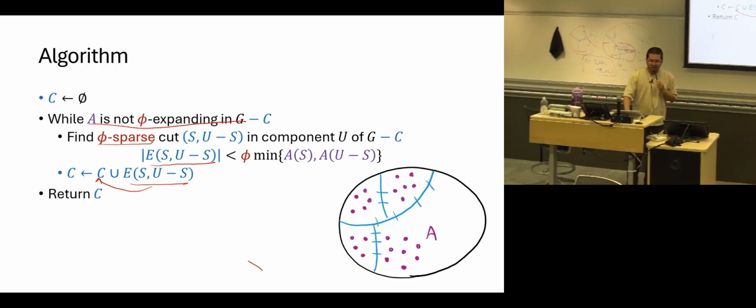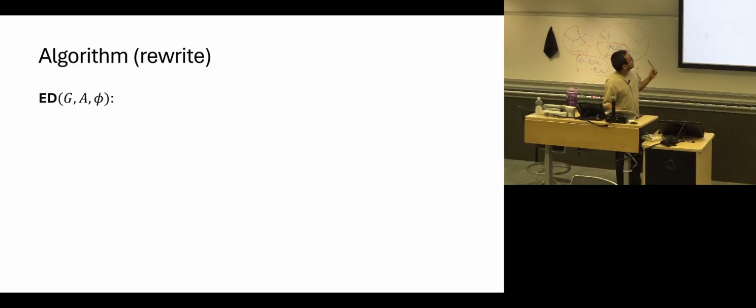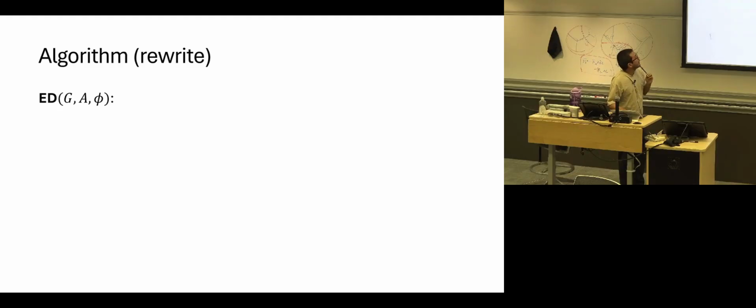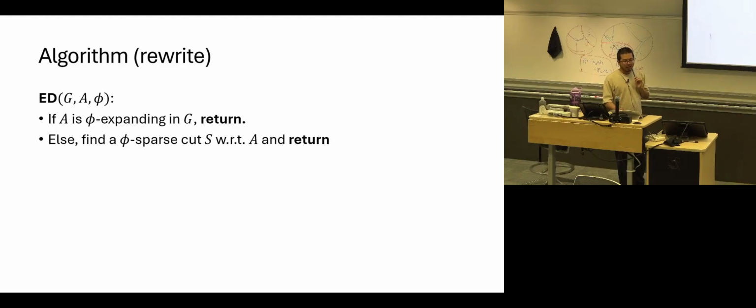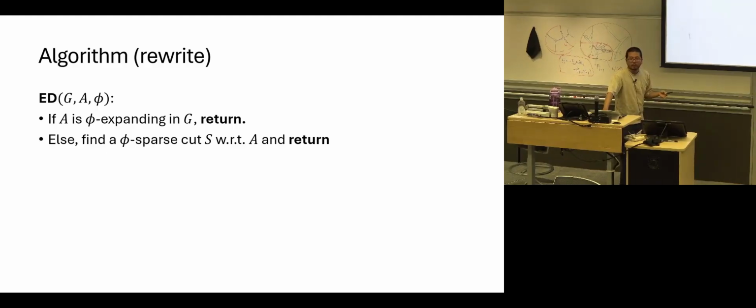I can rewrite this, it's the same algorithm, just rewritten. Given G, A, and phi, if A is already expanding, I just return. Nothing to do. Otherwise, I find a phi sparse cut. If it's not expanding, there is a sparse cut.